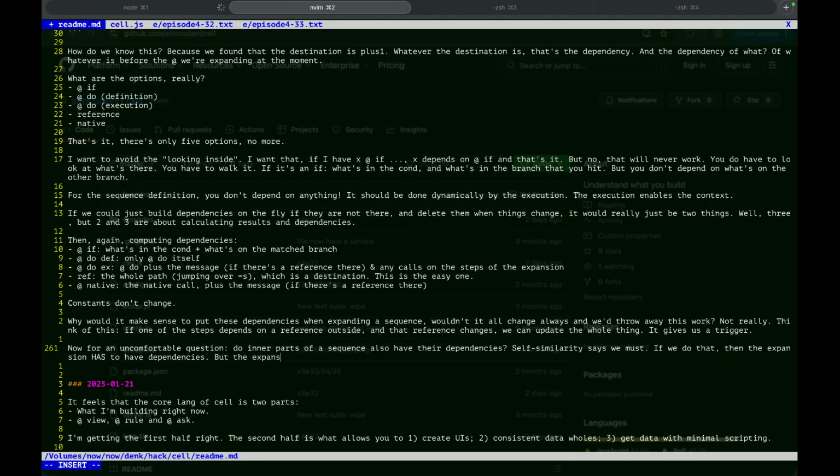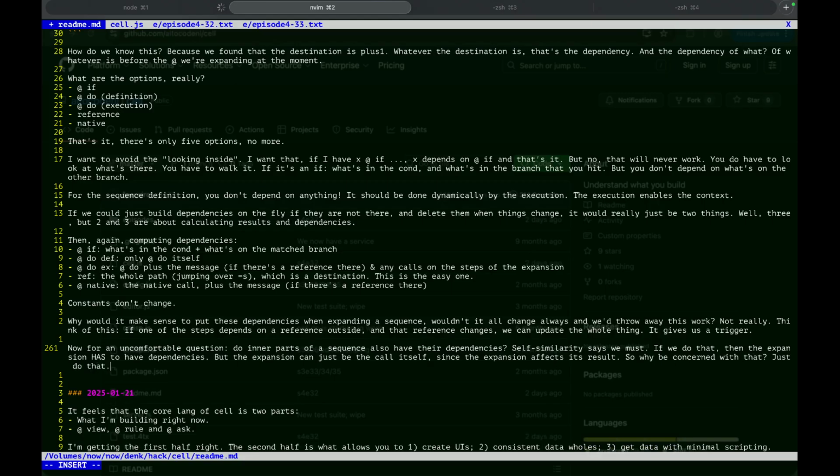But the expansion can just be the call itself, since the expansion affects its result. So why be concerned with that?